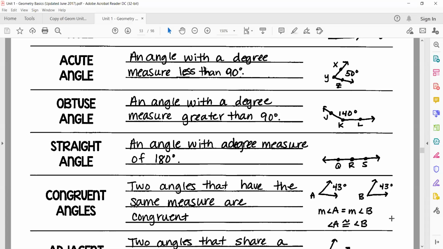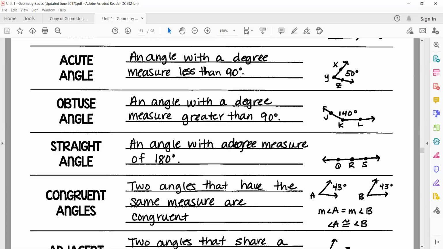People that do geometry call them proofs. It's an if-then sort of statement. That's why I read it that way. If the measure of this equals the measure of that, then they are congruent. We'll get more into proofs later on, but that's a very common thing that you see in geometry.